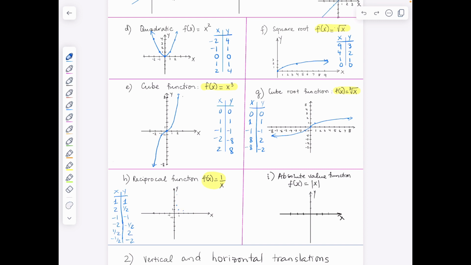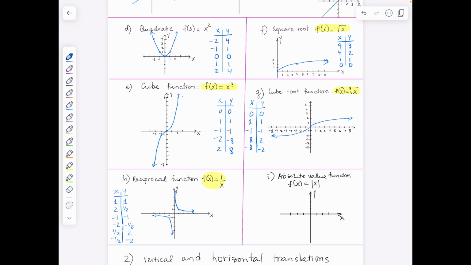Now, keep in mind that as your curve goes toward the x-axis or the y-axis, the arrow parts will get closer to each axis, but it will never touch. So similarly, we will have a graph that looks like this on this side. So there is the graph of 1 over x.